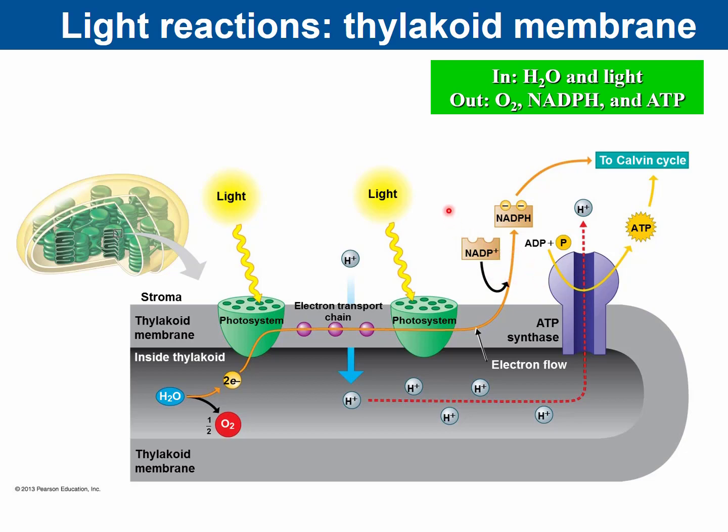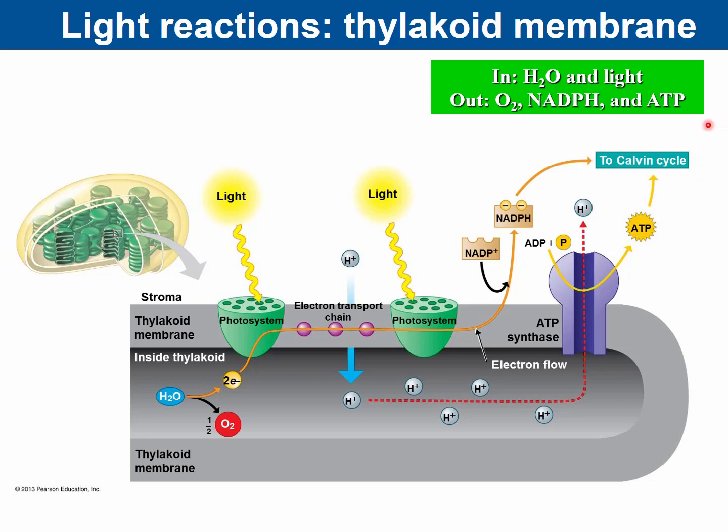So the electron carrier in photosynthesis is NADP+. And so it's going to gain electrons, right? And if it gains electrons, it becomes reduced, and we get NADPH. And this is going to be our electron carrier. This NADPH is going to carry those electrons to the Calvin cycle.